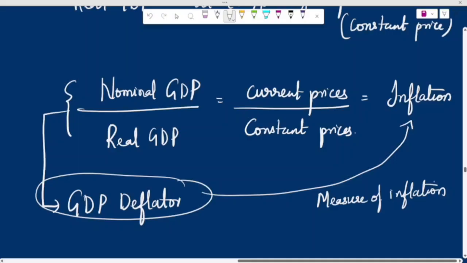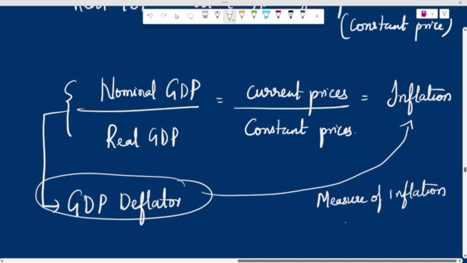When you compare it with a stable year, if it was 100 in 2022 and now it is 200, and you have to bring out how much change has been done, then you calculate 200 by 100, it is nothing but 2. I mean, 2 times it has changed. This is called inflation, and the concept is called the GDP deflator.